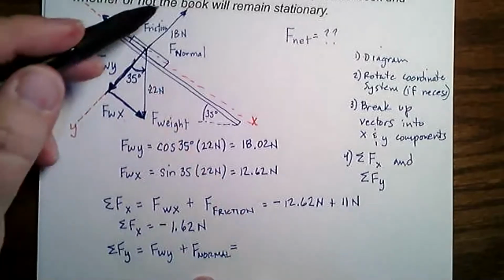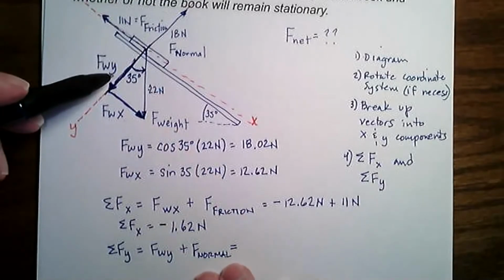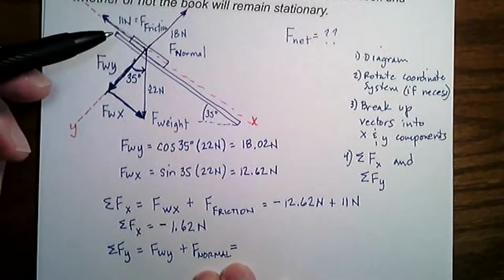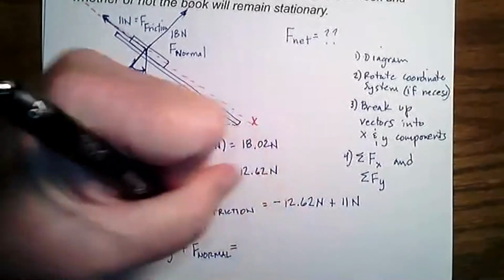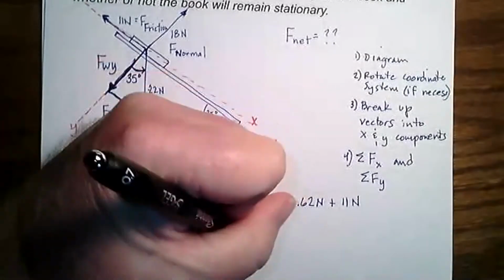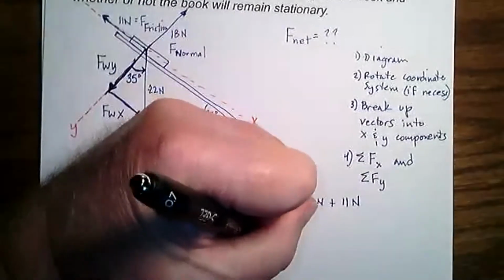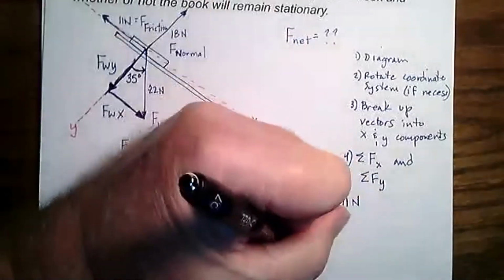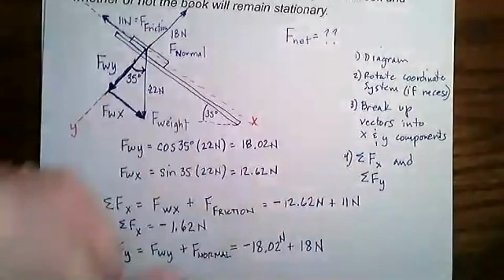And once again, if I look at these two, I'm going to end up with one going upward and one going downward. And so I'm going to call FWY negative. That was 18.02. Plus the upward force was 18. Now I will tell you, these are newtons, both of them.